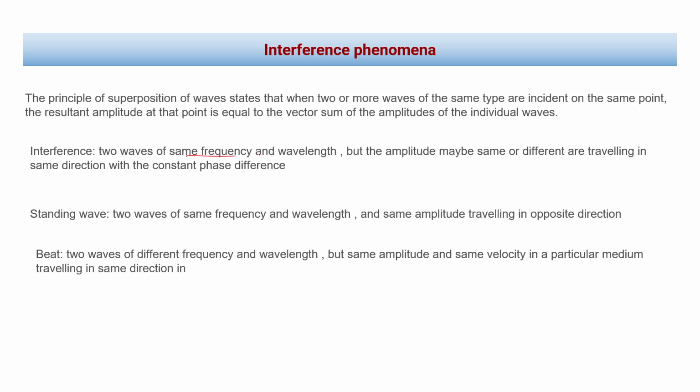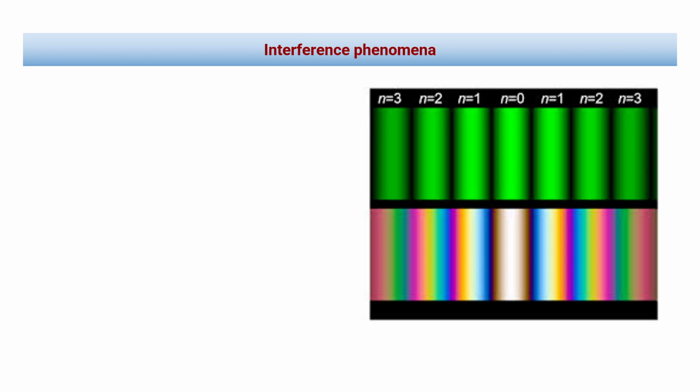Coherent means they have the same frequency and wavelength, their amplitude may be the same or different, but their phase has to be the same, or the phase has to have some constant phase difference throughout. Then only we see this interference pattern. With monochromatic light, we'll get this bright dark, bright dark. When we are using white light, we will be getting these different components.